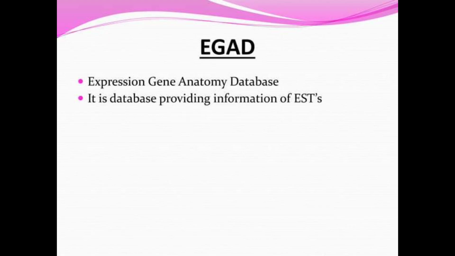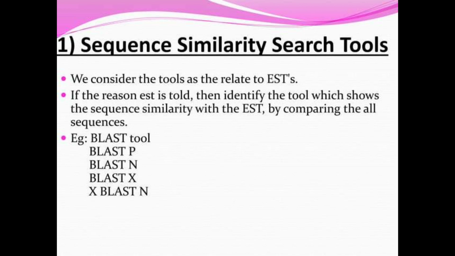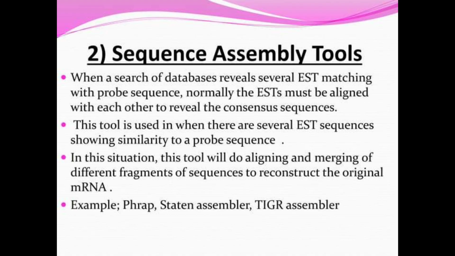It provides information on the EST. There are many tools available for the EST. The commercially available tool is the Insight LifeSeq tool. Publicly available tools are of 3 types: sequence similarity search, sequence assembly, and sequence clustering. These are all sequence similarity tools: BLAST, BLASTP, BLASTN, BLASTX, and TBLASTN.